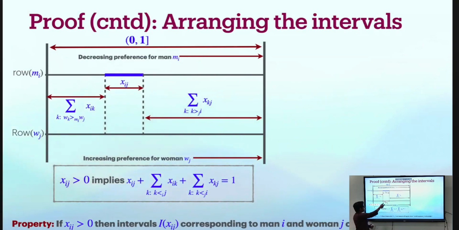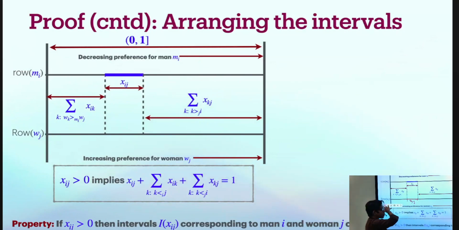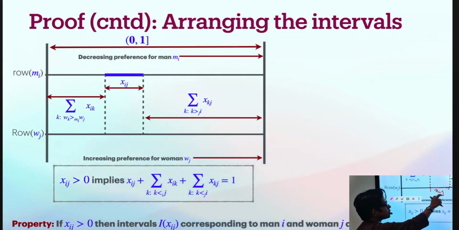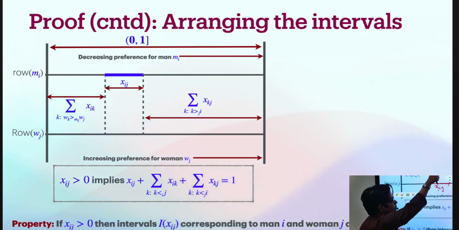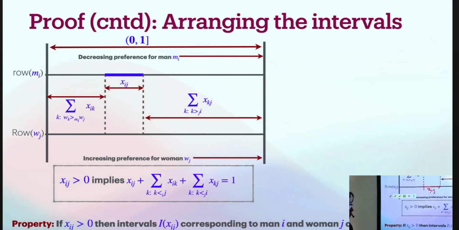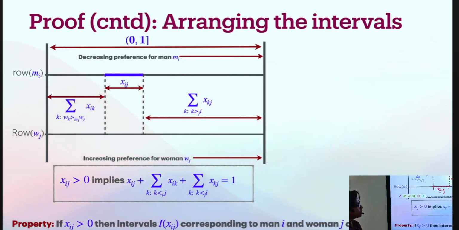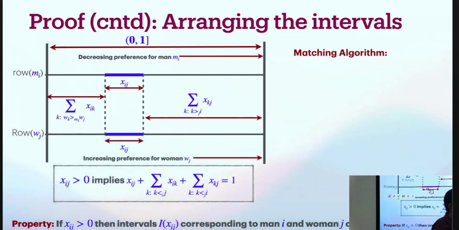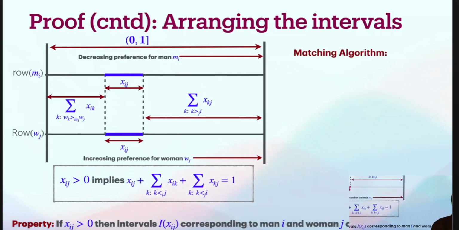So, it has to be that the xij interval from the woman j's row completely overlaps the xij interval from the man mi's row. Okay. So, now we will use this quite significantly in creating a fractional kind of assignment.